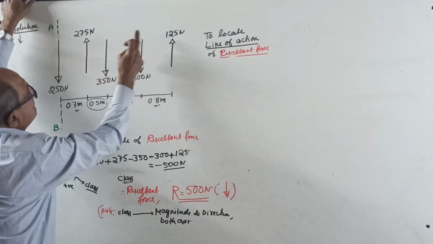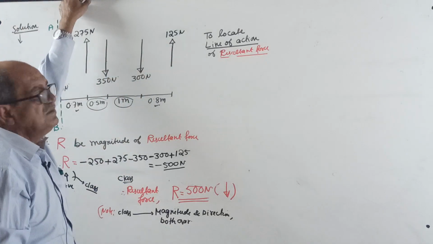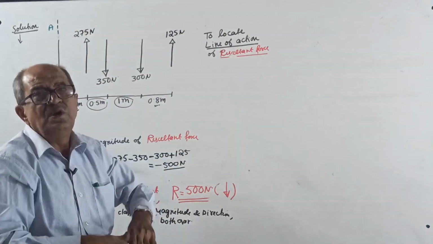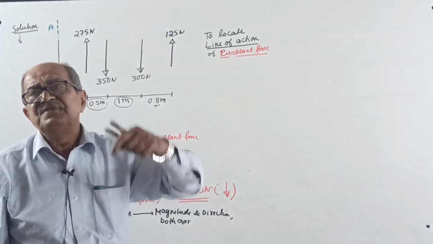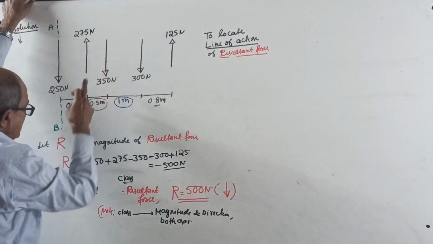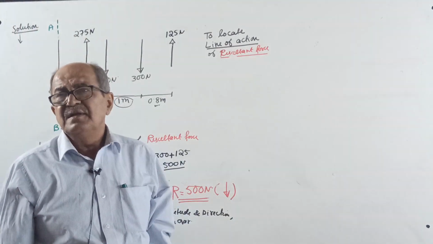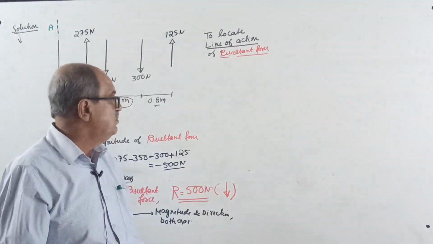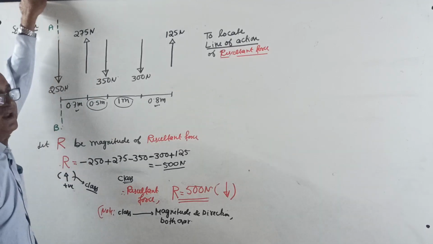And 275 and 125 together are 400. 900 down, 400 up means the resultant is definitely down. So by observing the sketch, you can tell the resultant is down. That is what you should do. Therefore, you can write that the resultant force is in the downward direction.